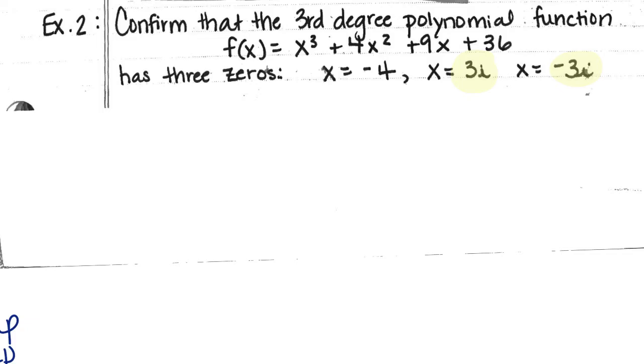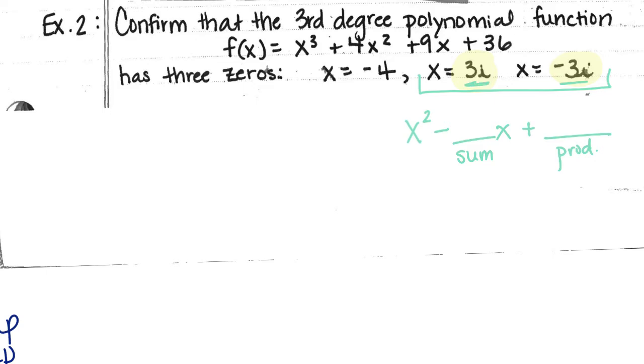It says confirm that the third degree polynomial function f of x equals x cubed plus 4x squared plus 9x plus 36 has 3 zeros. Well, remember that formula we used in Algebra 2, x squared minus the sum of x plus the product. It's always best to find the imaginary numbers first.